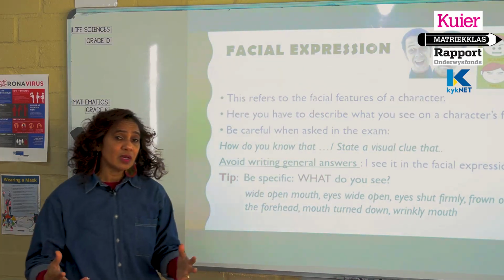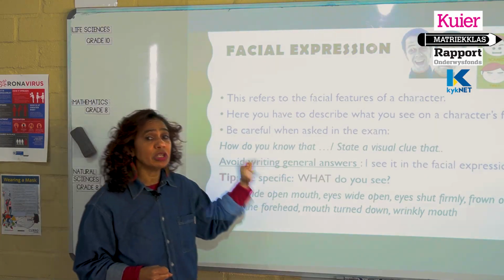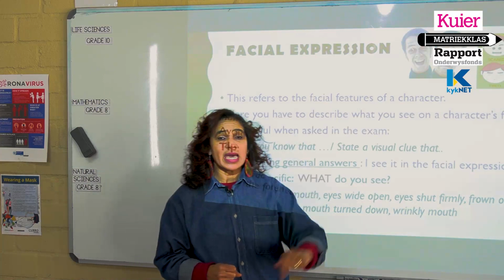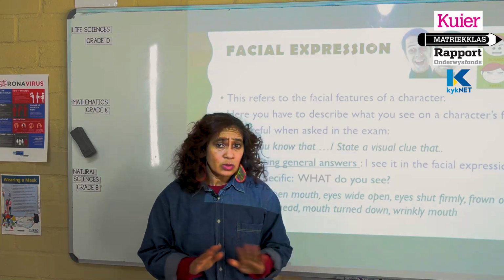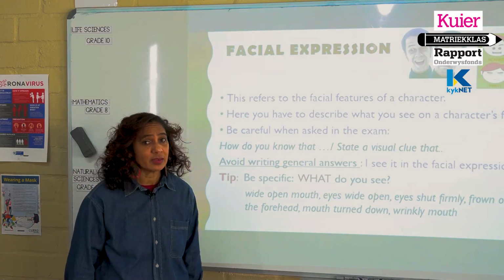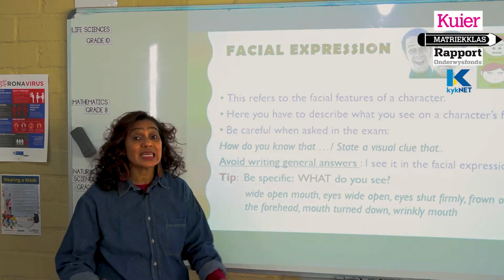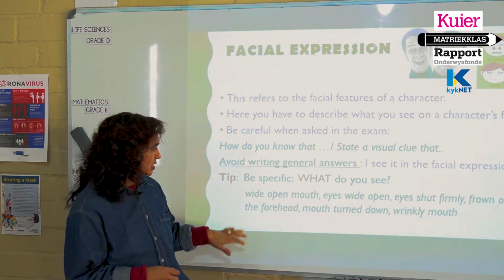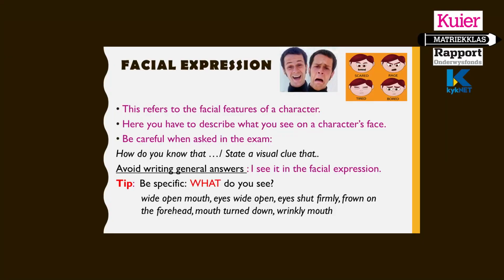In the exam, don't fall in the trap when they ask you a question: how do you know that the man in frame 3 is sad? Please don't ever say, I can see it in his facial expression. I'm sure you can. But what is it that you see? We know it's in the facial expression. Explain what you see in the facial expression. Be specific. What do you see?